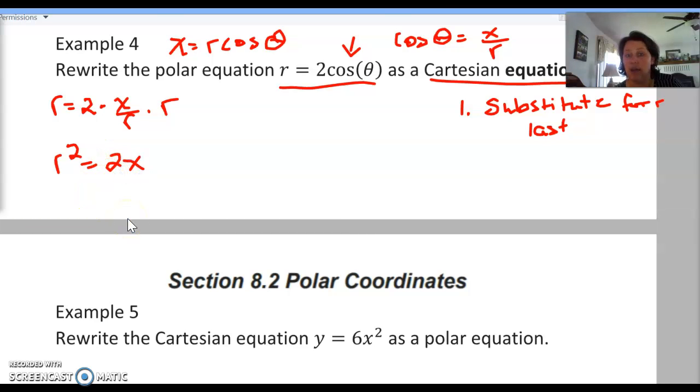Now let's go ahead and do that substitution for r. Because remember that we had r squared is equal to x squared plus y squared. And now we can do that a little bit easier and not have to worry about the square root. So we have x squared plus y squared equals 2x.